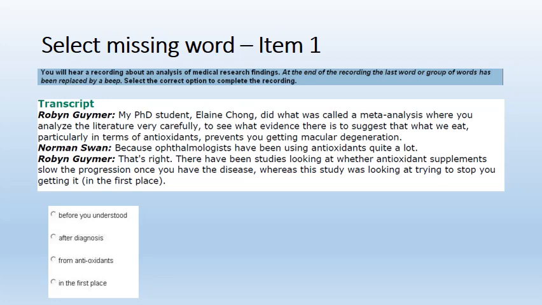So the transcript is here. Robin Gimel: My PhD student Eleni Chong did what was called a meta-analysis, where you analyze the literature very carefully to see what evidence there is to suggest that what we eat, particularly in terms of antioxidants, prevents you getting macular degeneration.